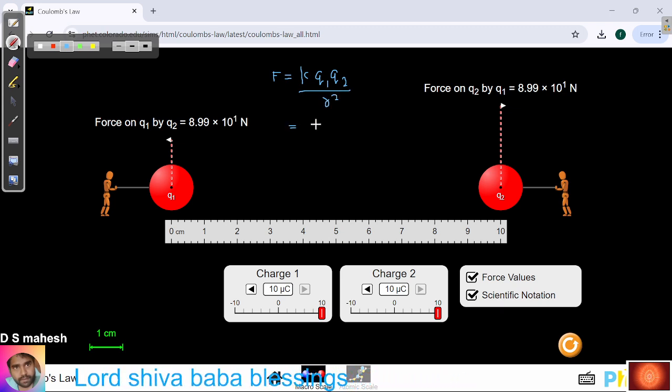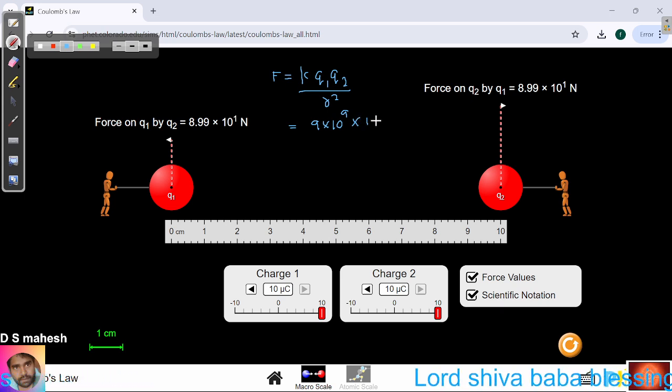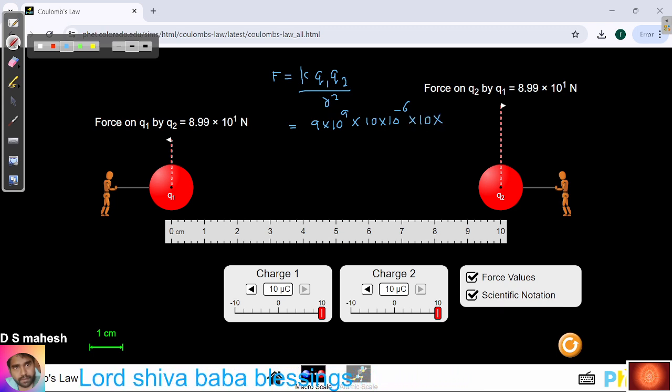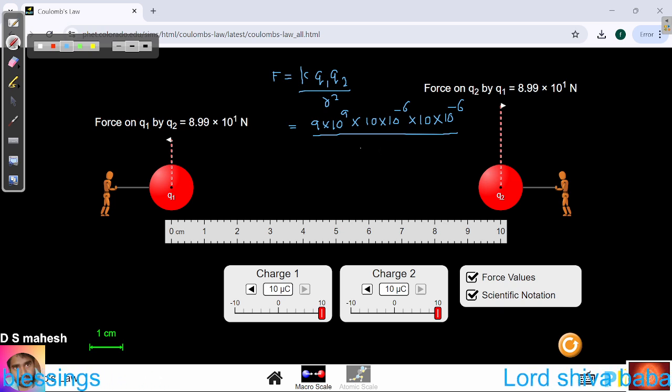The value of K, we know, is 9 into 10 to the power of 9, into Q1 value of 10 microcoulombs, so it is 10 into 10 to the power of minus 6, into the other charge Q2, again 10 into 10 to the power of minus 6, divided by the distance between them, 10 centimeters, 10 into 10 to the power of minus 2, whole square.